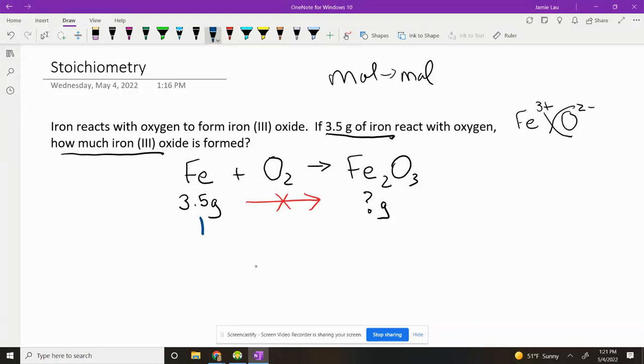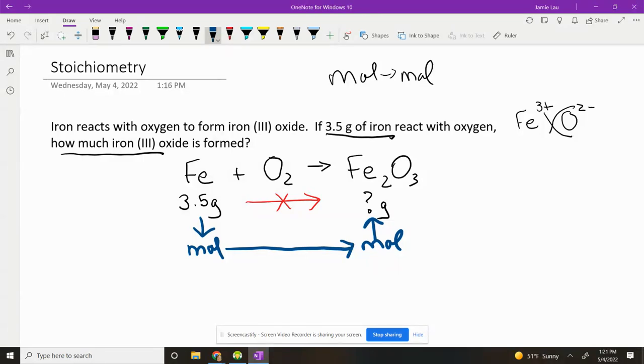Our first step, we convert grams of iron to moles of iron, using the atomic mass of iron from the periodic table. Then we convert moles of iron to moles of iron oxide using the balanced equation. And then moles of iron oxide to grams of iron oxide using molecular mass.